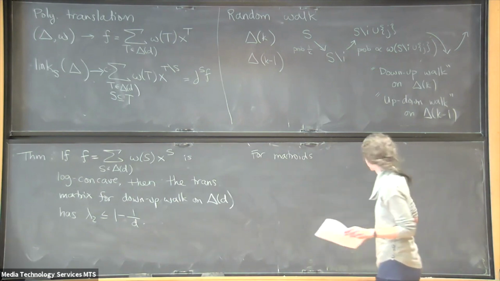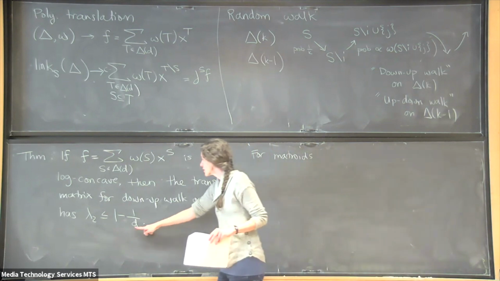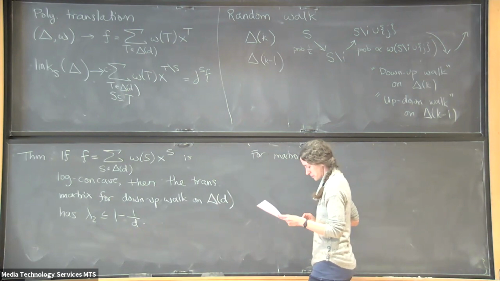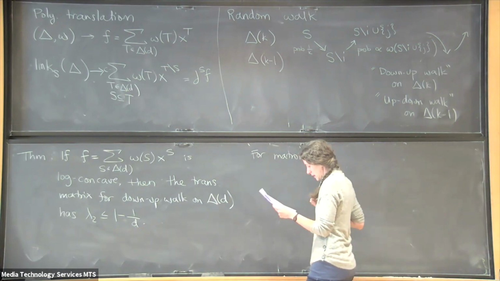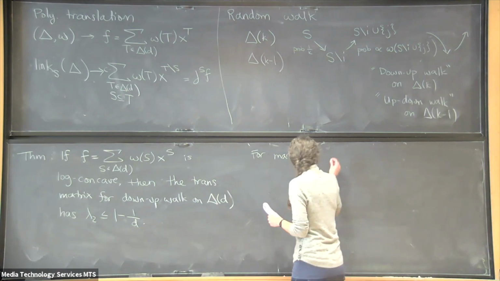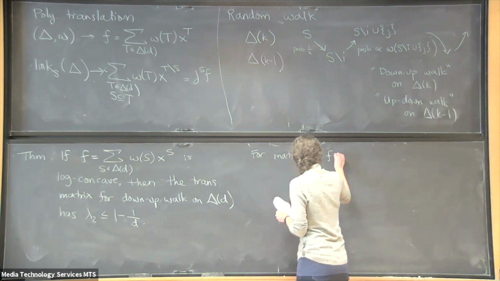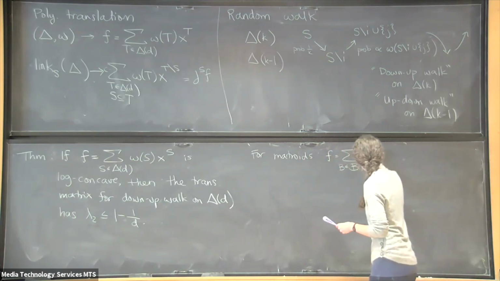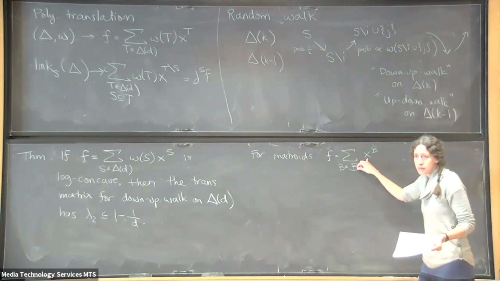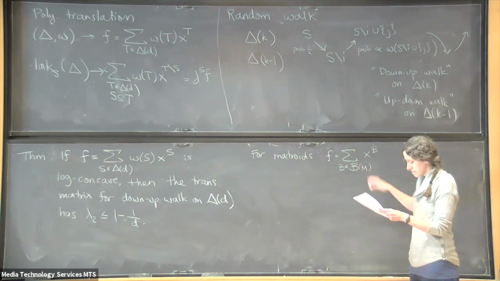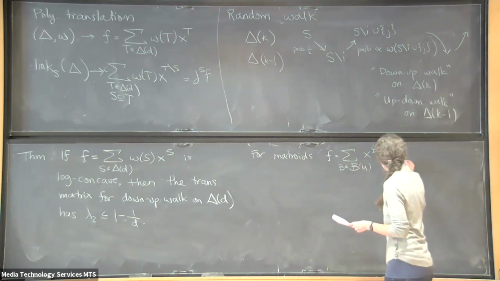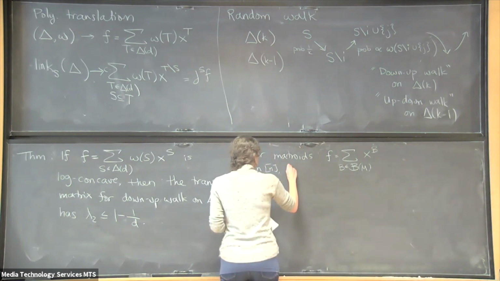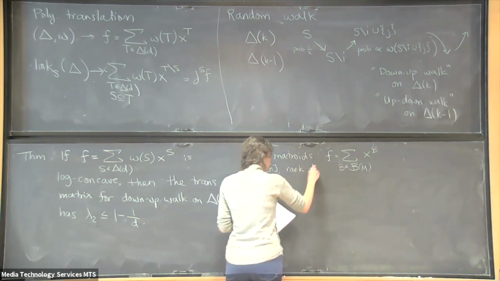So maybe I'll write down the consequence and then say a little bit about why. In particular, for matroids, if you start with the bases of a matroid, we know that this is log-concave. This corresponds to the uniform distribution on the bases of a matroid on 1 through n, rank d, say.